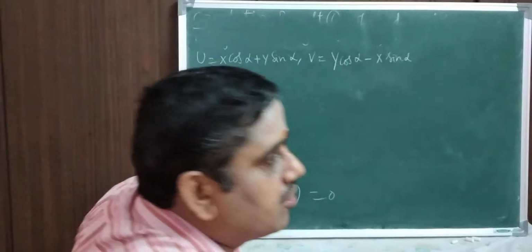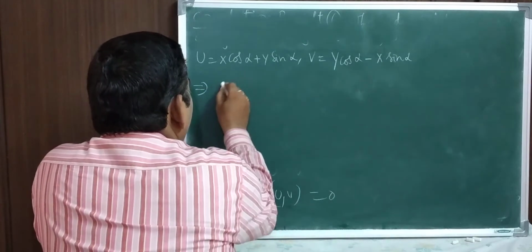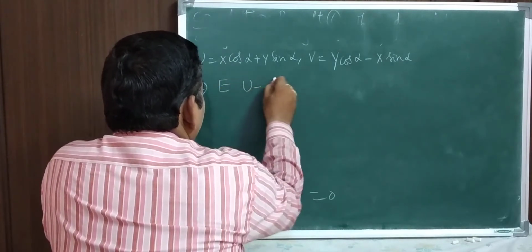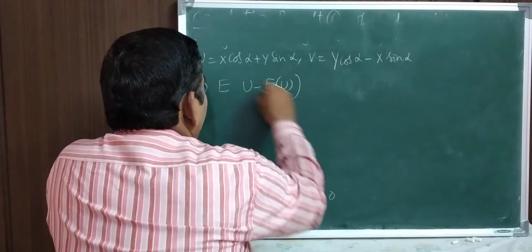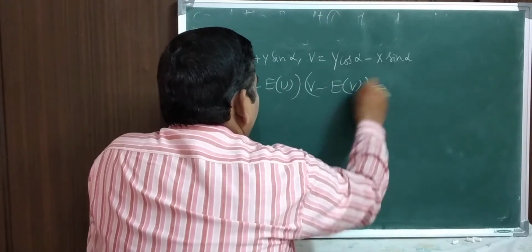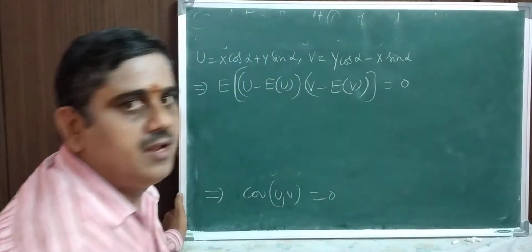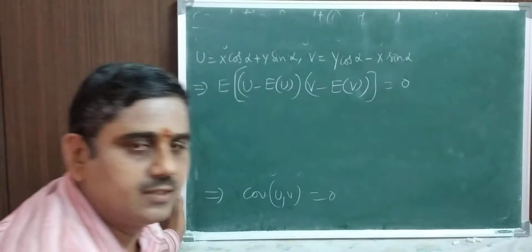I will get some particular result. We'll see. What is the covariance of u, v formula? Expectation of u minus expectation of u multiplied by v minus expectation of v. This is the covariance of u, v in terms of expectations.